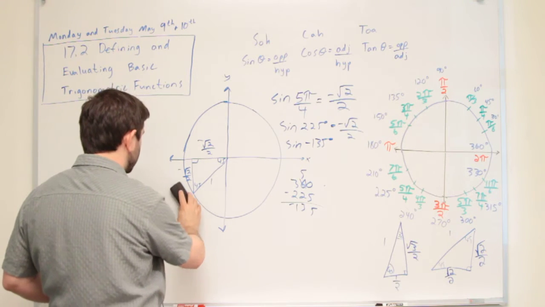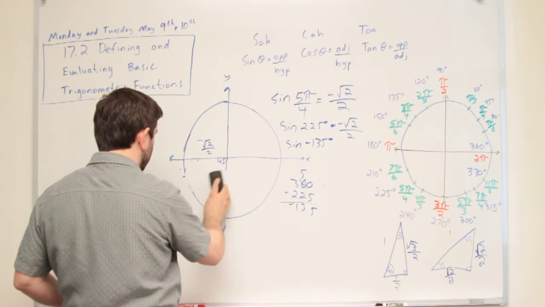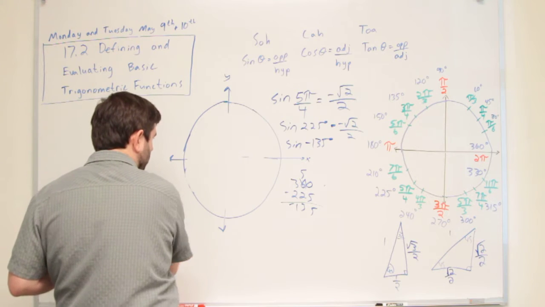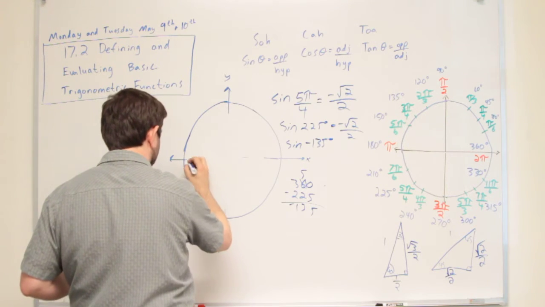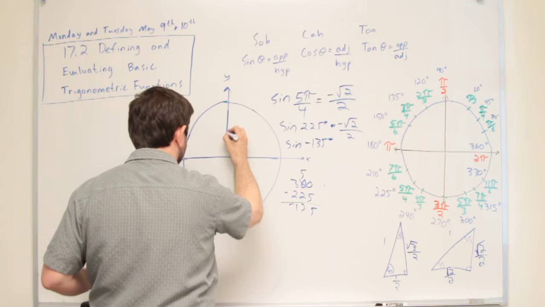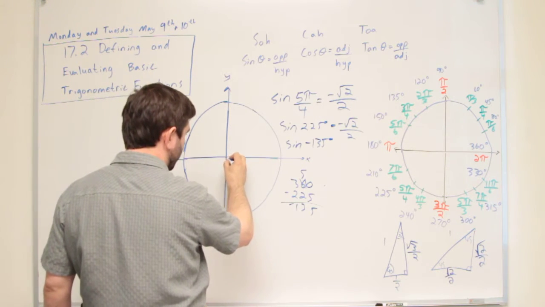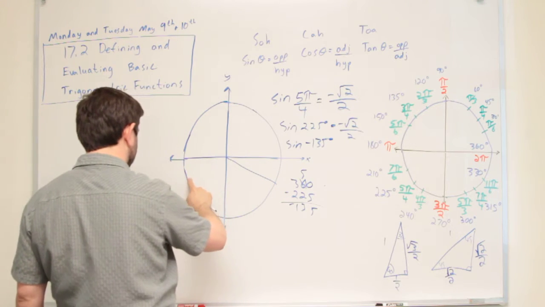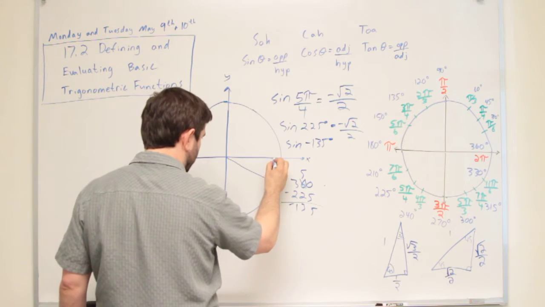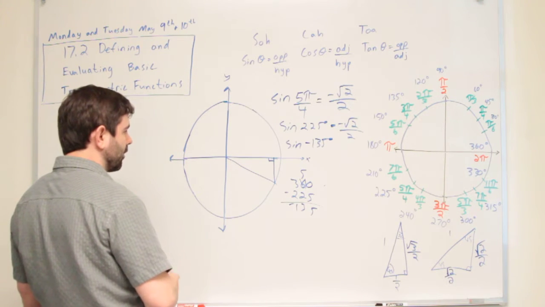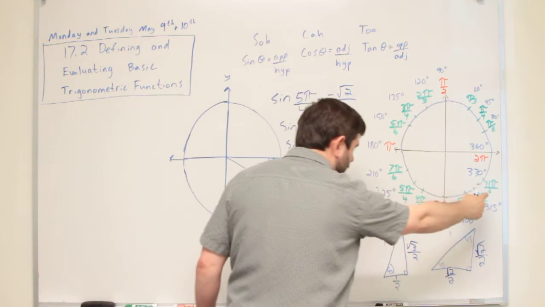Okay, we want to do one tangent one. Somewhere down here, let's do 11 pi over 6 just because it looks difficult. There is our 90-degree angle and 11 pi over 6.